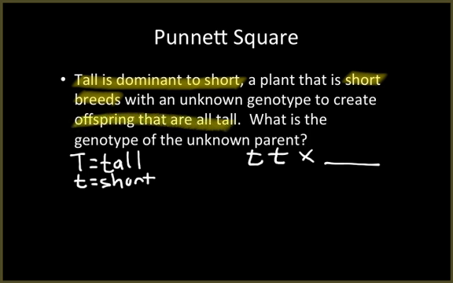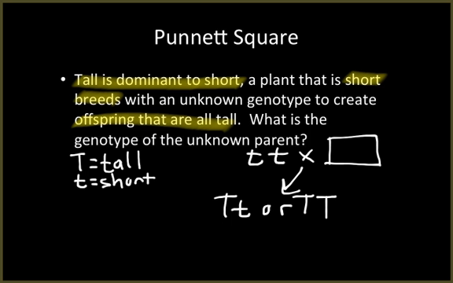So all of our offspring have to be one of two genotypes, right? They're either big T, little t, or big T, big T. What can we put in the box here that would create offspring that are big T, little t, or big T, big T?